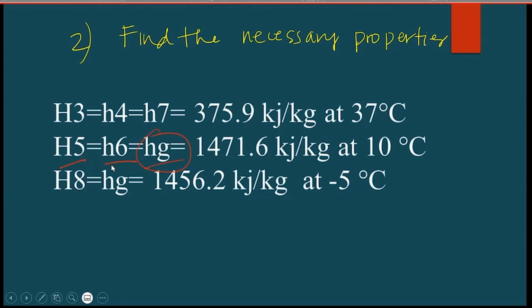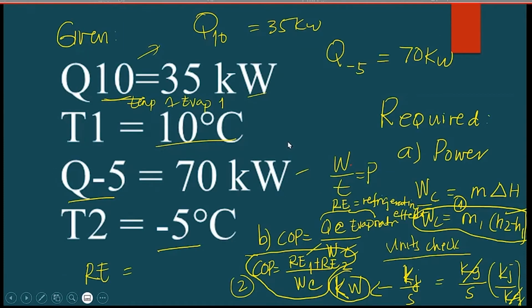H5, H6 we define, but in the standard table and references it is Hg. What Hg? Hg at 10 degrees centigrade. Now Hg at 10 degrees centigrade, we can get this. Okay. Now, what's the other? As I told you, we can have immediately the 3 enthalpies.